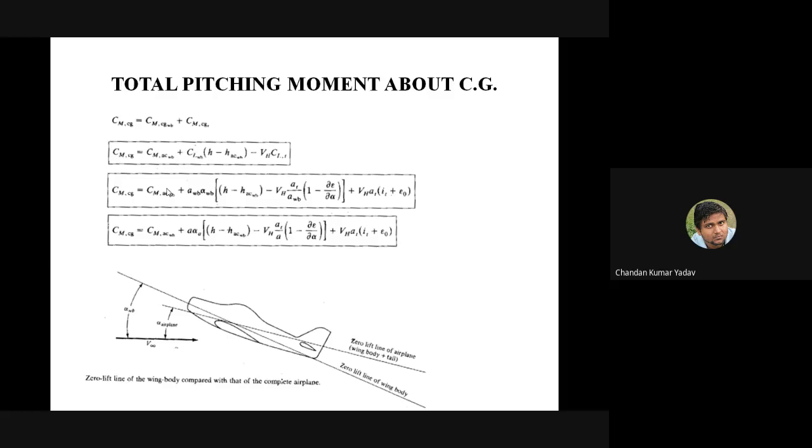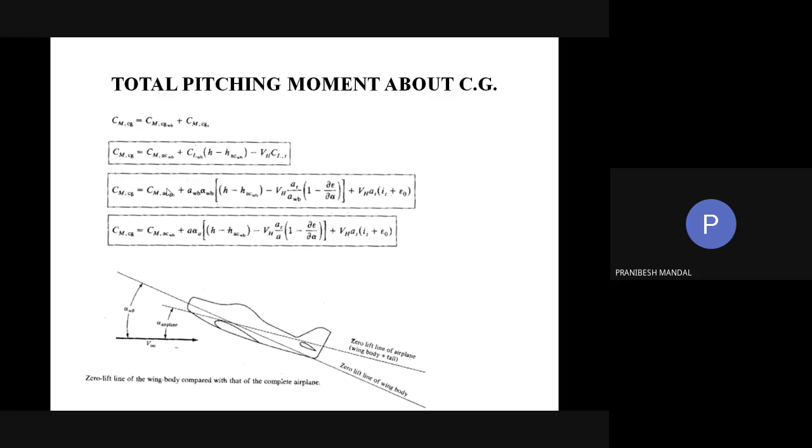And what is the second term having? That is the tail setting angle iT, isn't it? Yes, sir. And that is in your hand or my hand. Yes, sir. I can set the tail accordingly, yes or no? Yes, sir.